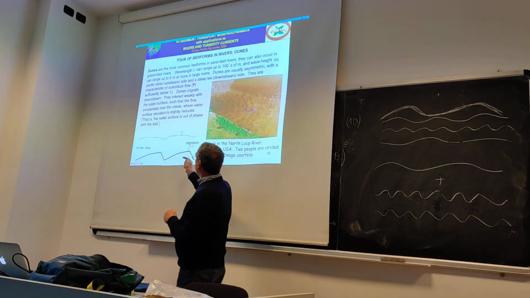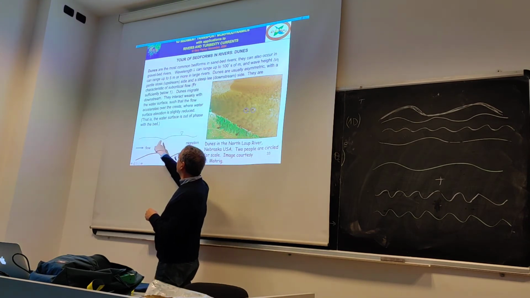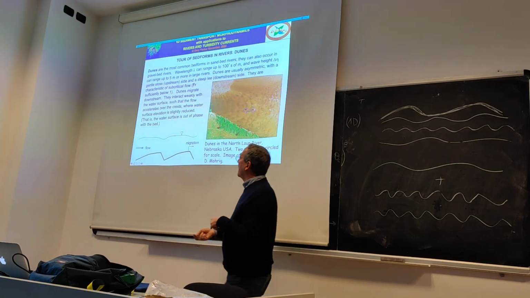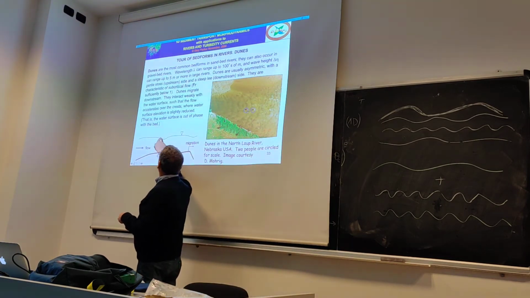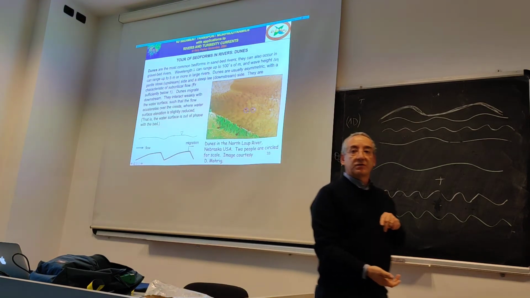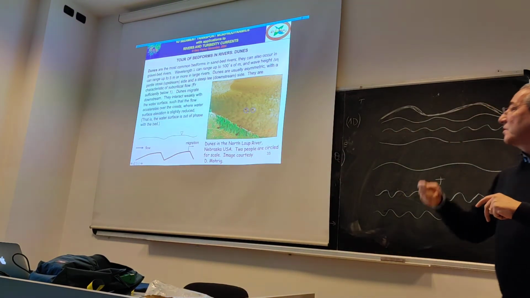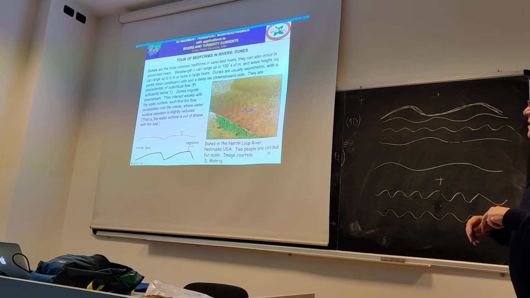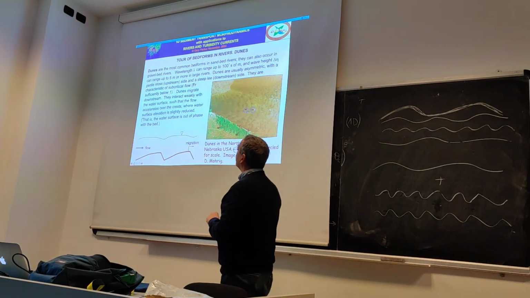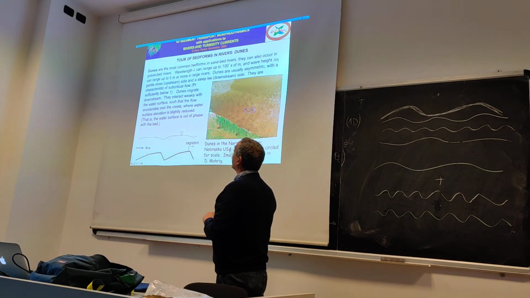Another distinctive feature of the dunes is that they affect the free surface. So you have a modification of the free surface when you have the formation of a dune. On the contrary, ripples do not modify it, they are not felt by the free surface.